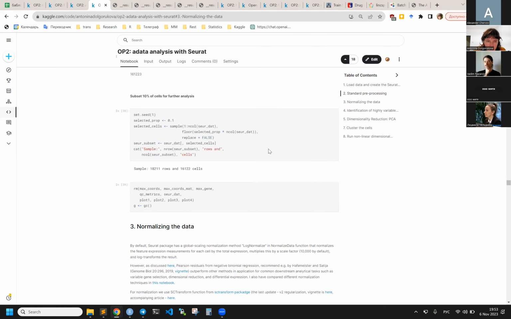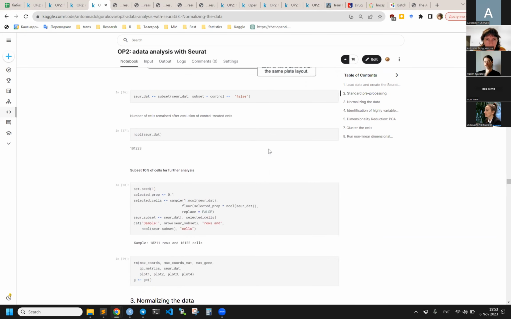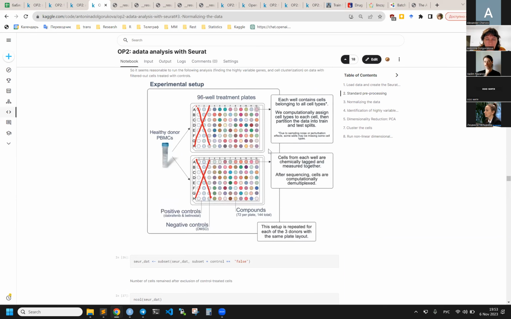After that, we want to use several other tools to investigate our data, including identification of highly variable features. Usually these genes are used as features in a model, for example in multi-omics data to predict protein expression.